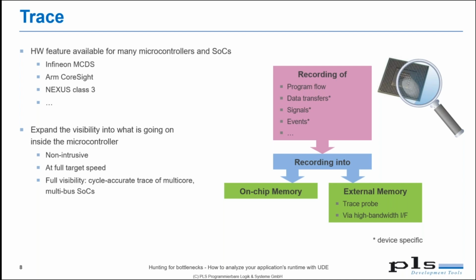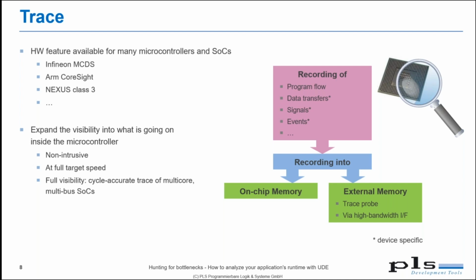Sometimes a trace comes with a small feature set. Sometimes we have a very powerful trace implementation, and you have to use dedicated development devices to have all the powerful features for trace available. In general, trace is very useful when you need a deep insight into the runtime behavior of your application.